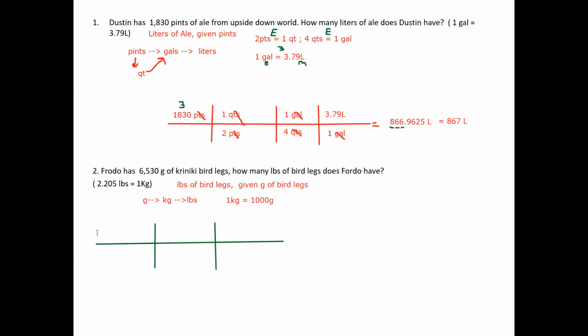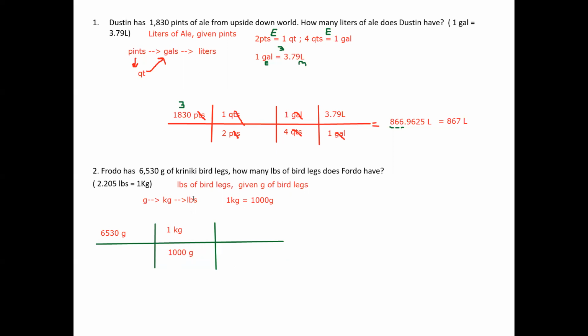So we start with our original number, 6,530 grams. In the first empty set of train tracks, we want to go from grams to kilogram. So since we're starting in the top left with grams, it's going to go on the bottom. Kilogram on top.